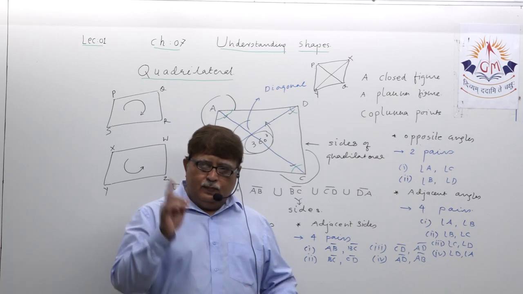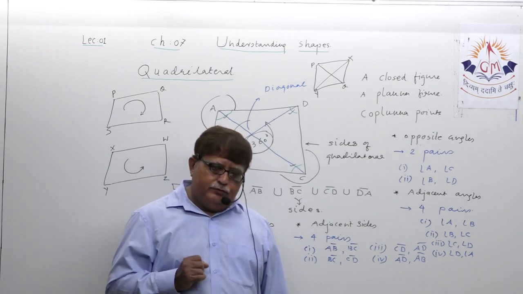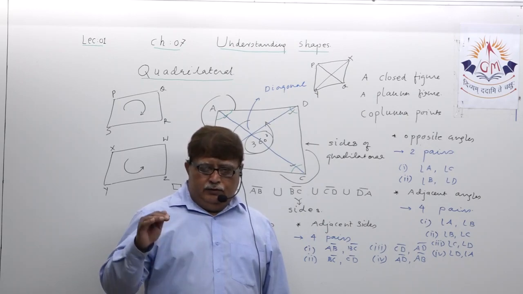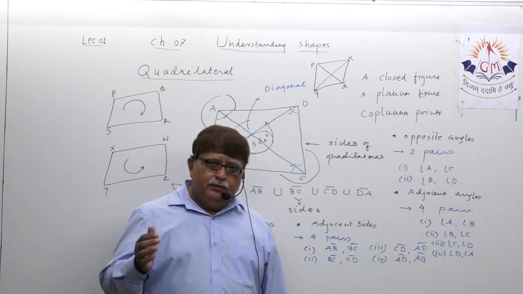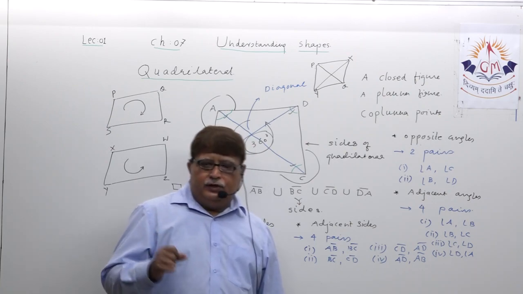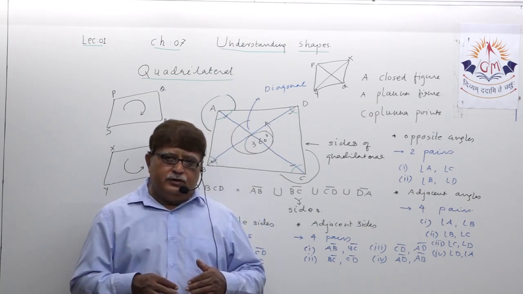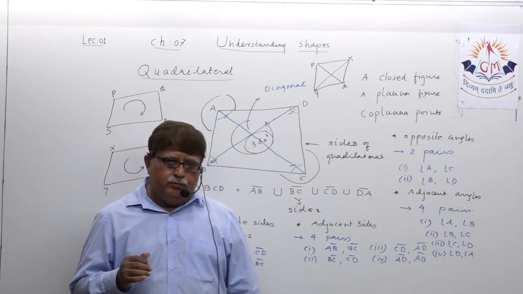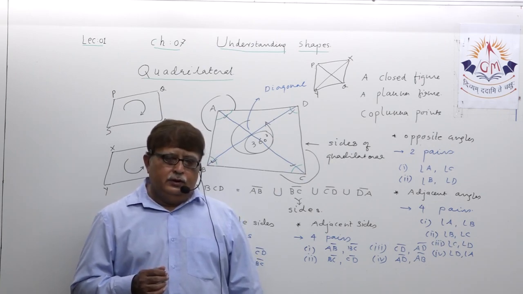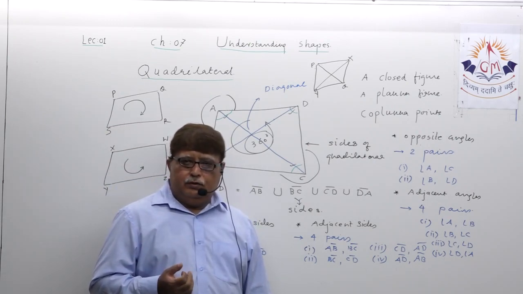Then you have to mention 4 vertices, 4 sides, 2 pairs of opposite sides, 4 pairs of adjacent sides, 4 angles, 2 pairs of opposite angles, 4 pairs of adjacent angles, and 1 pair of diagonals.